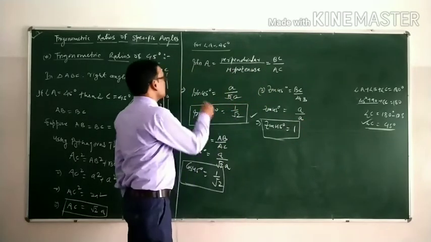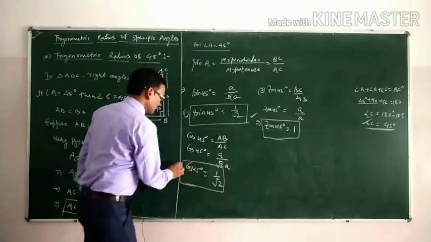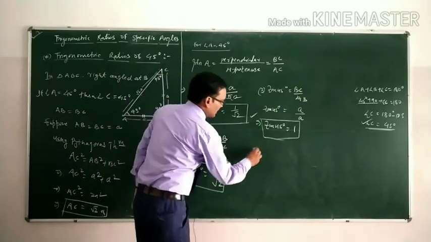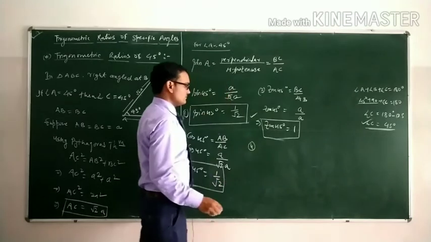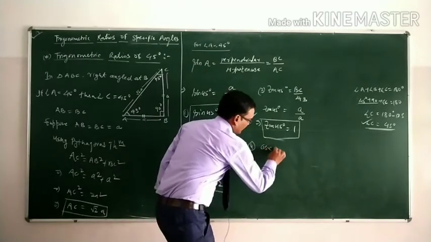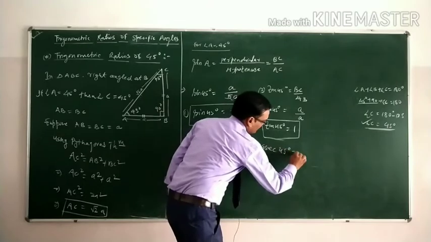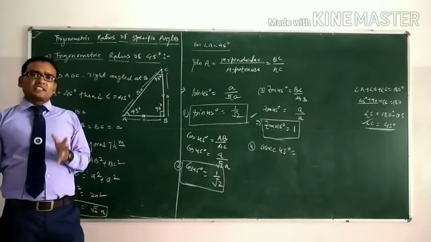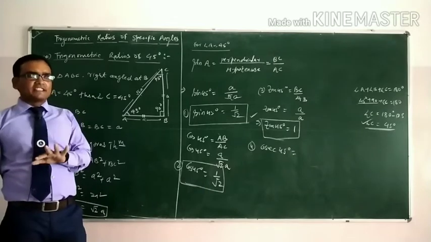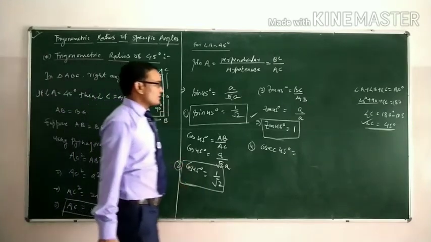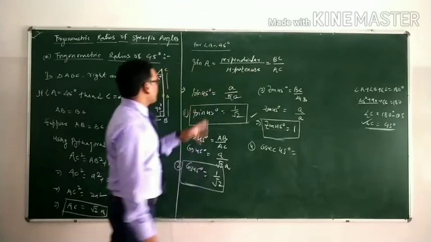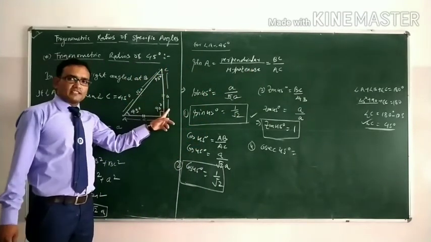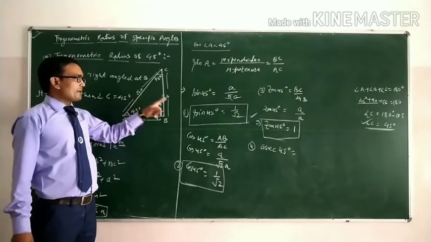Now this is the first, second and third. Fourth is cosec 45 degree. Cosec theta is the reciprocal of sin theta. That means cosec 45 is hypotenuse upon perpendicular side.